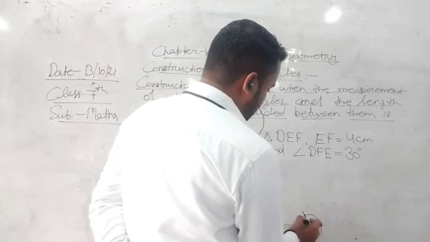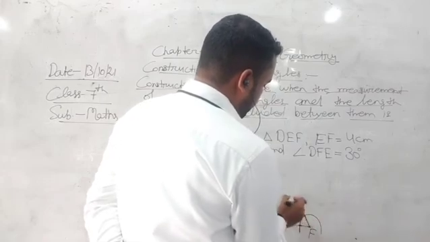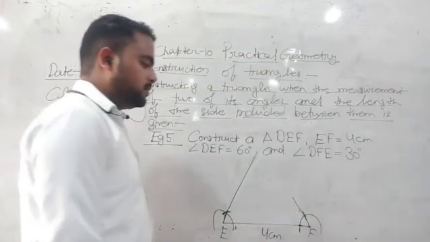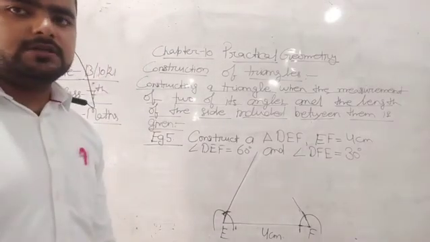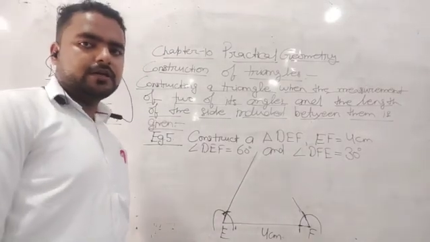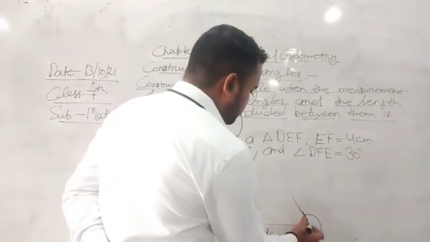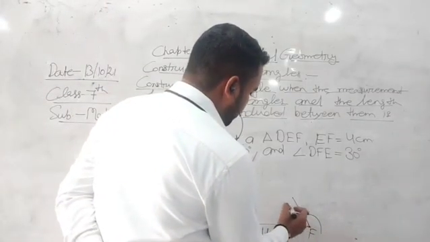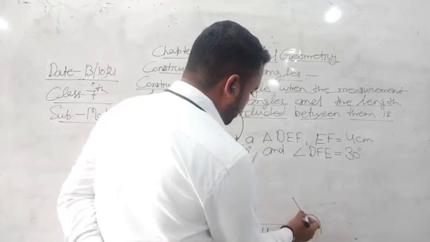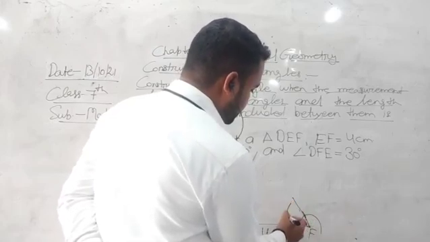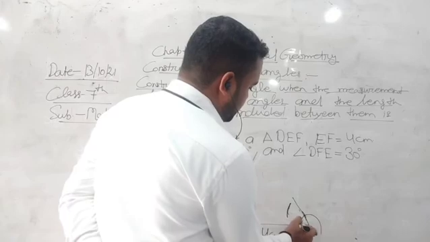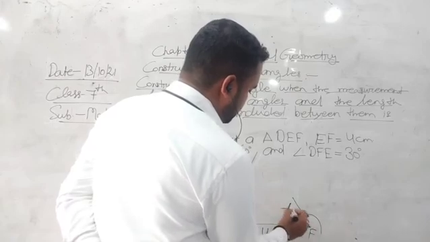When you join these 2 points, you get the angle of 60 degree. Now you have to find the bisector of this 60 degree angle for making an angle of 30 degree on the point F. For that, with the same radius draw an arc, put your needle here as the center and draw an arc here, and from here draw an arc like this.